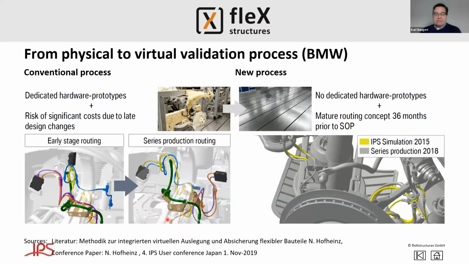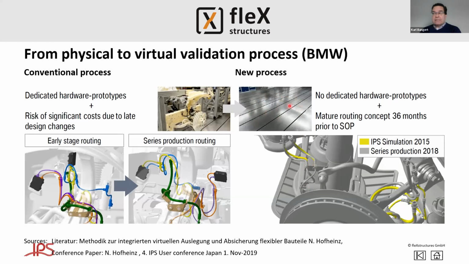And BMW over the years from about 2015 to 2018 really moved in the direction of virtual validation, where they were able to realize where their wires, cables, sensors are going to be well in advance of SOP, thus reducing the last minute manufacturing hiccups, and also getting a better handle on warranty issues that might cause problems further down the road. In both cases, a savings of both time and money.